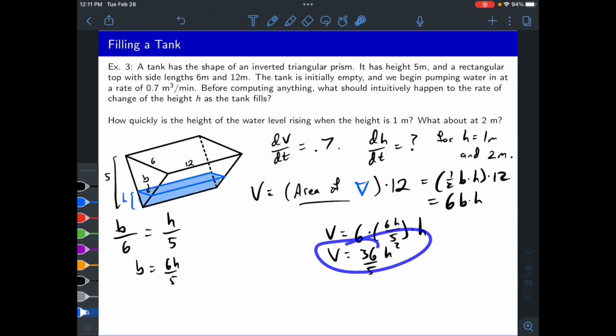All right, so now we have our equation relating V and h. We have to do implicit differentiation to relate the rate of change of the volume and the height. So dV/dt is equal to 36 over 5 times the derivative of h squared, which is 2h times dh/dt. So 2h times 36, that's going to be 72h over 5 times dh/dt.